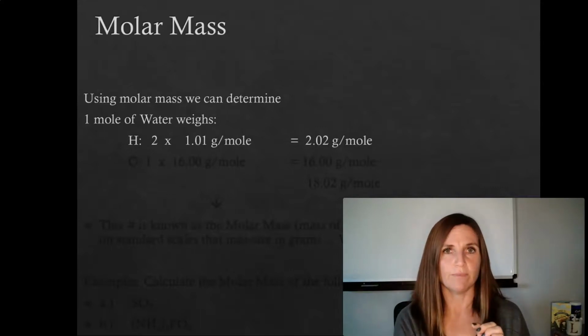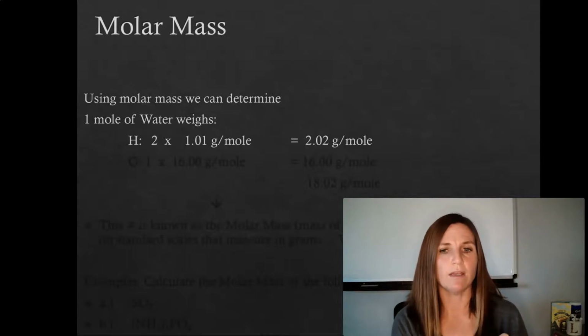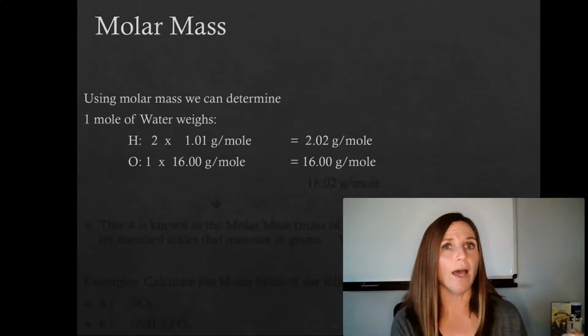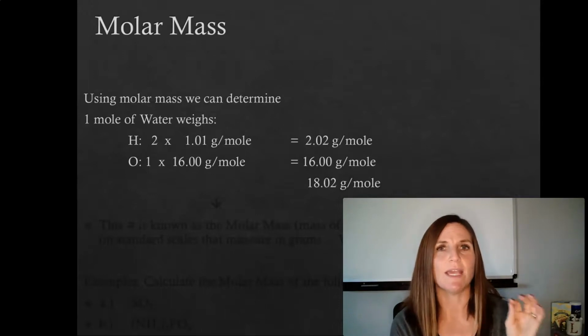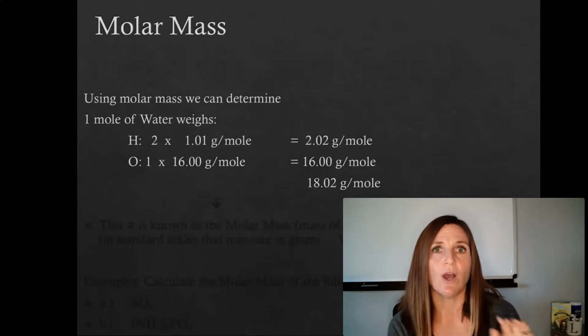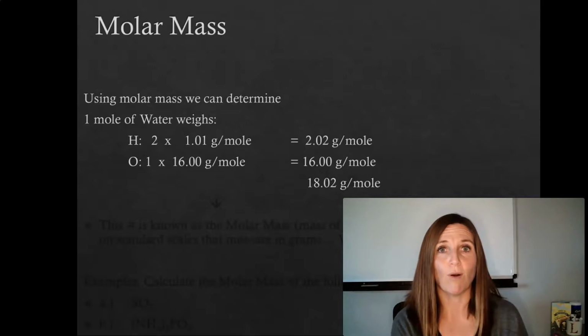1 mole of water has 2 times 1.01 grams per mole of hydrogen and 1 times 16.00 grams per mole of oxygen. We add it together and we get 18.02 grams per mole. Does that feel familiar?